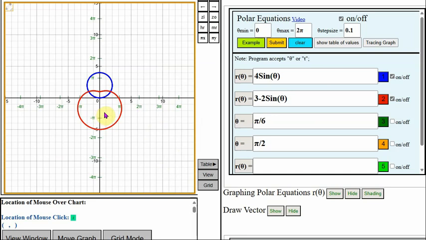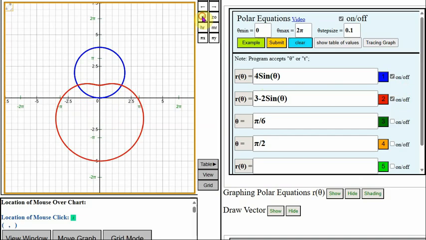And so here are the graphs of both curves. We want this region right here.